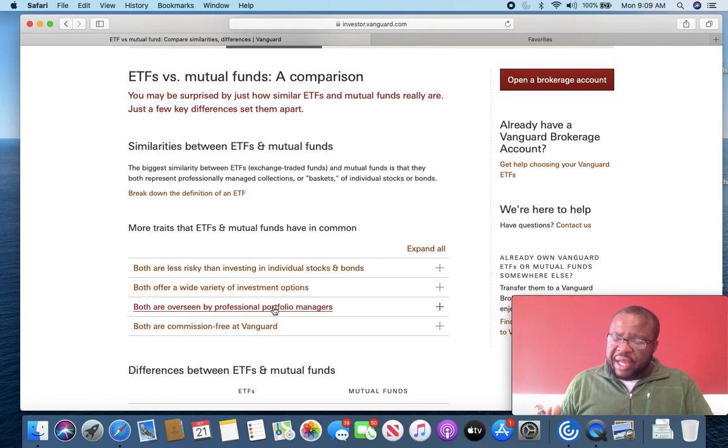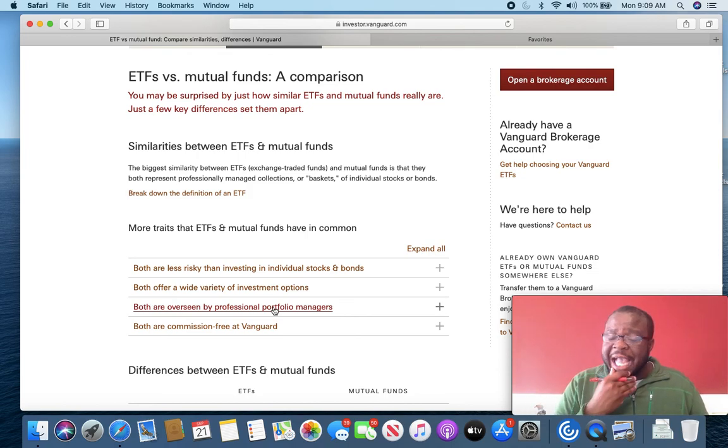And because of the active manager involvement, the team of people doing research, your expense ratio is higher. And because of that, it eats at your returns. Even if the performance is the same, because the expenses are higher on an actively managed mutual fund, it's going to suck money out of your account and your performance will eventually lag.